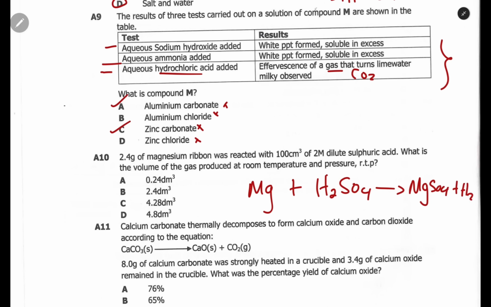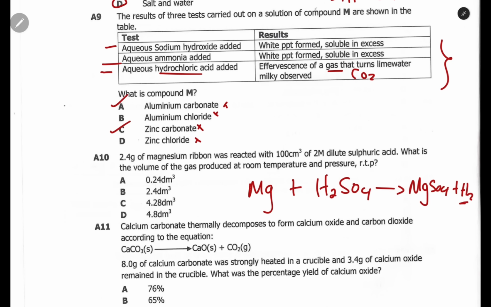Then they are saying, what is the volume of the gas produced at room temperature and pressure? The gas that is produced is hydrogen.